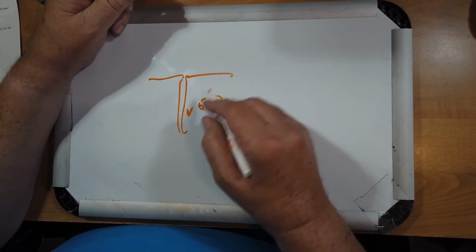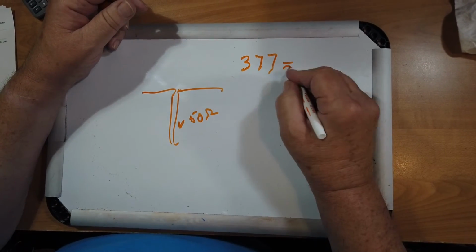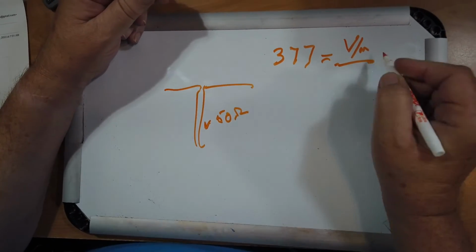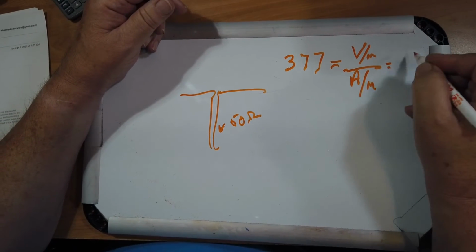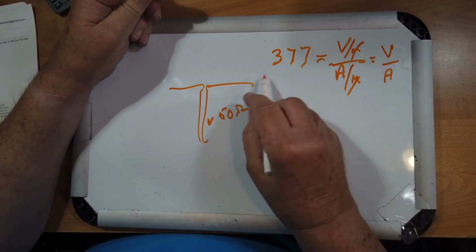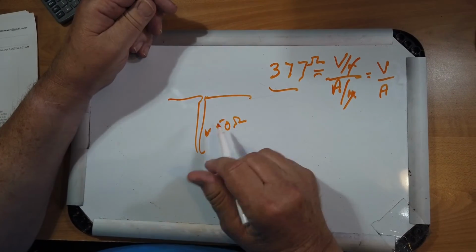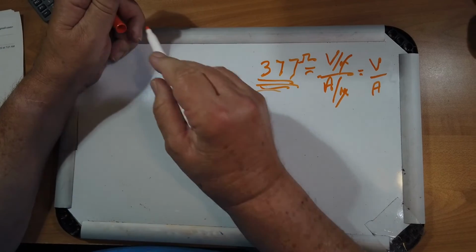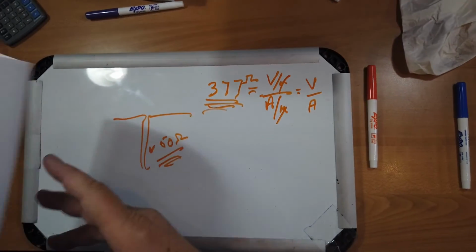The impedance in free space of an electromagnetic field is volts per meter divided by amps per meter, you can scratch these and you get the voltage over the current, okay, 377 ohms. So you can view an antenna as an impedance matching device between 50 ohms and 377 ohms. That's a very engineering-ish way to look at it.